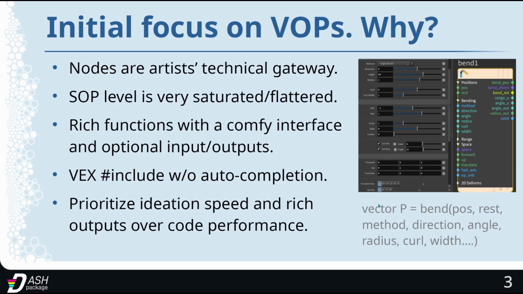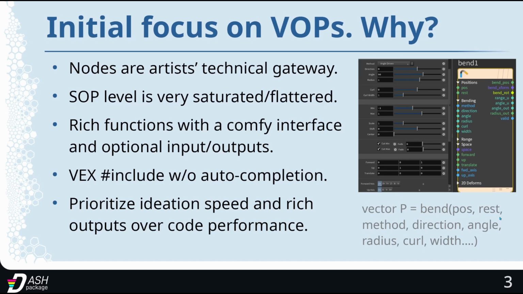Here's something that highlights another difference between Vex and VOPs. VOP HDAs have a fixed number of ports, so the data types might change, but the number of inputs and outputs is fixed.